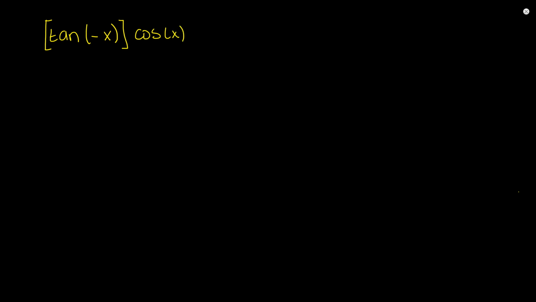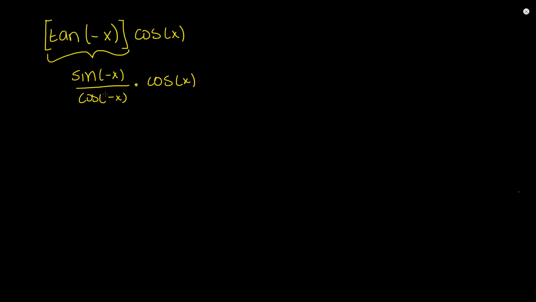We're going to look at different ways to simplify this using the identities. I'm going to start with this piece right here, tan of negative x. Well, this is going to be sine of negative x over cosine of negative x times cosine of x.